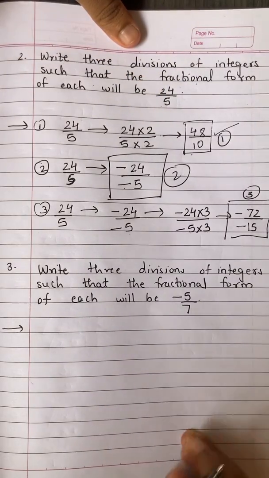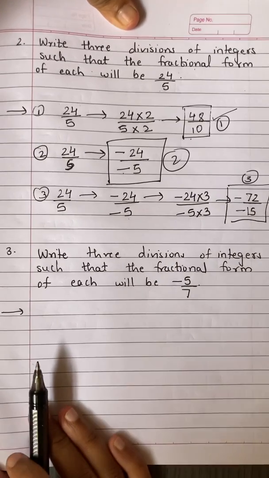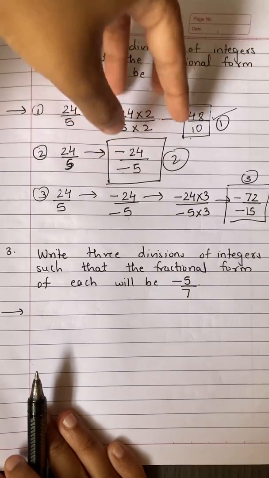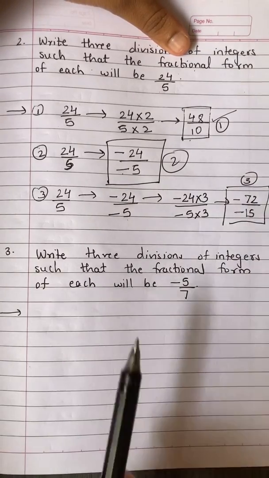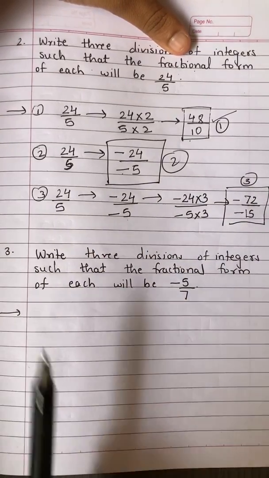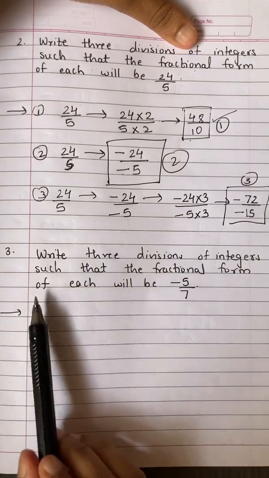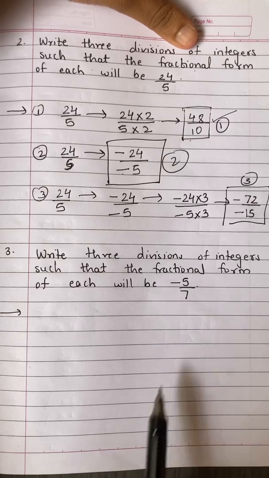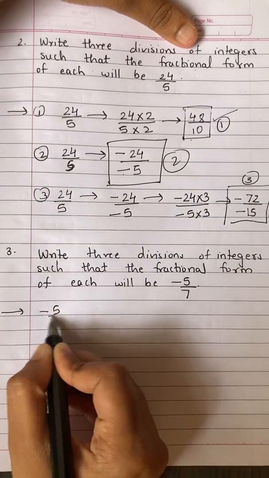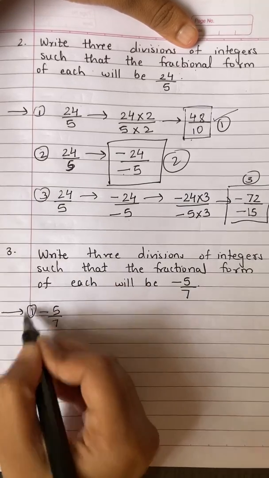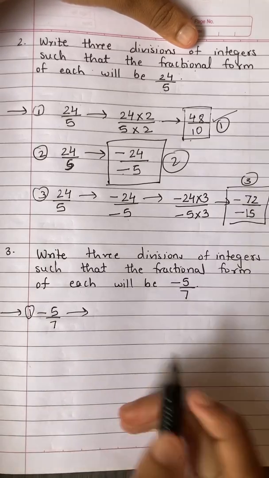Now the third sum is also very similar. As we have solved the second sum, in a similar way we can solve the third question also. Write 3 divisions of integers such that the fractional form of each will be minus 5 upon 7. First, take this fractional form minus 5 upon 7. We'll multiply by 2 or by 3.